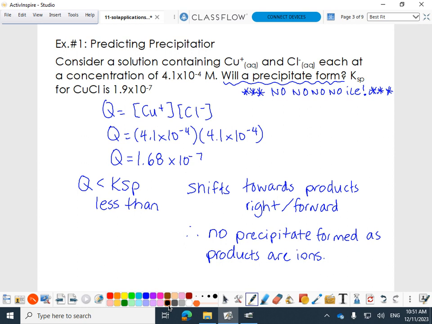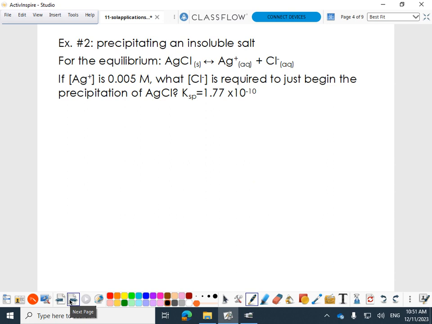Okay? And then the other type of question we're going to do today is something like this. So again, if you are in a lab situation and you have a solution that has no solid in it yet, then you can calculate the value where you can add one more crystal above that value and you would get a precipitate formed.